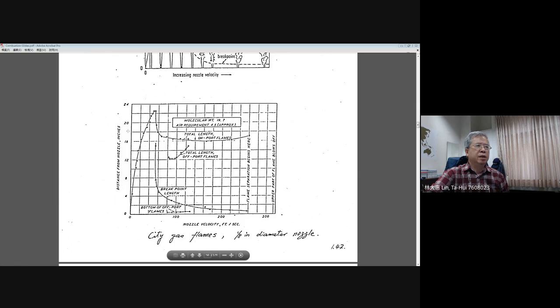This is the experiment for their flame height. Those results are quite similar to our previous result from burning methane fuel only. And there is the break point of the length, separating the large fluctuation of the flame appearance from the lower portion, which shows the laminar flame surface shape.